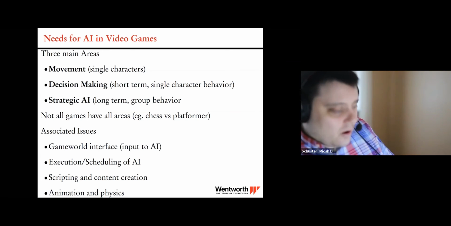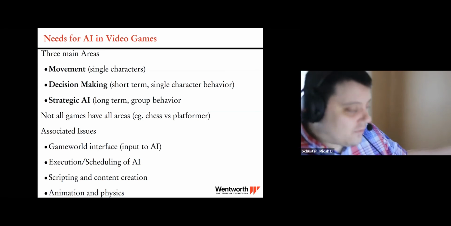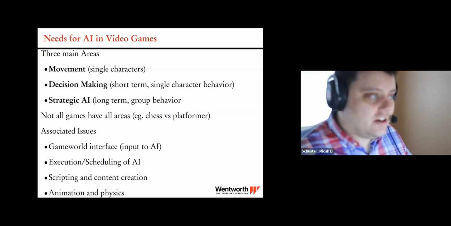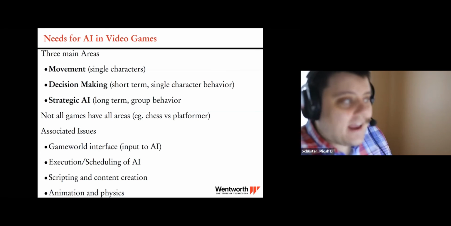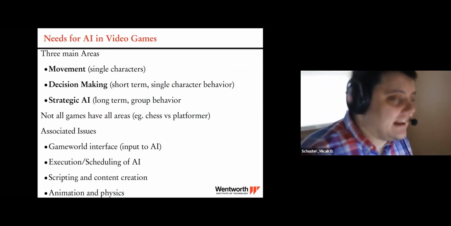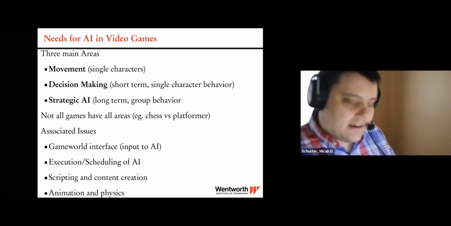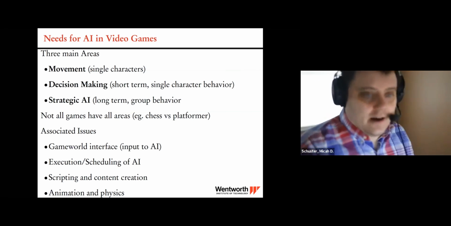Things like scripting or content creation: if you add, for example, another unit or you change information about a certain character, you need to make sure that the AI can understand what change has been made. In other words, it can take that into account when you add new characters.